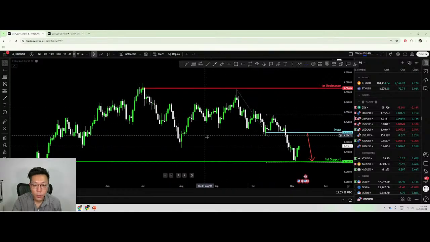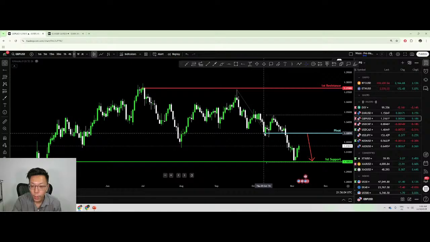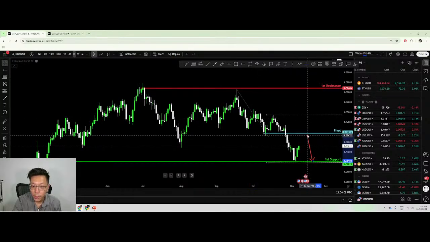Alright, so for GBP USD, we are definitely looking at this pullback resistance level over here, on the daily time frame.